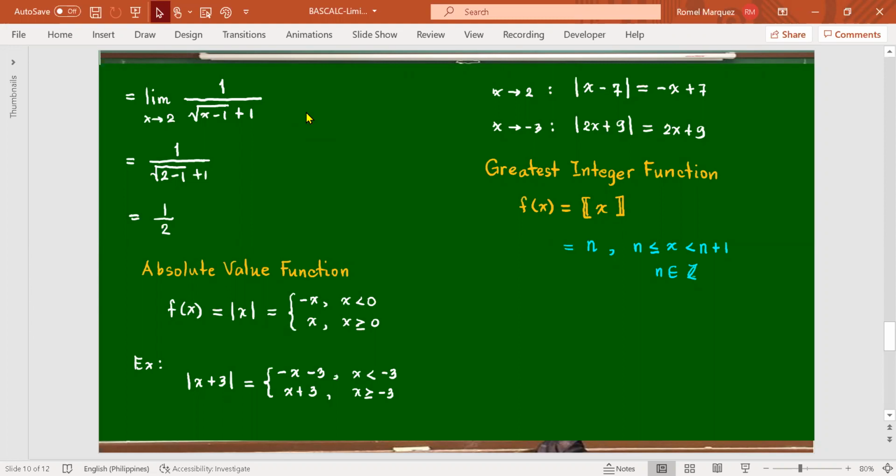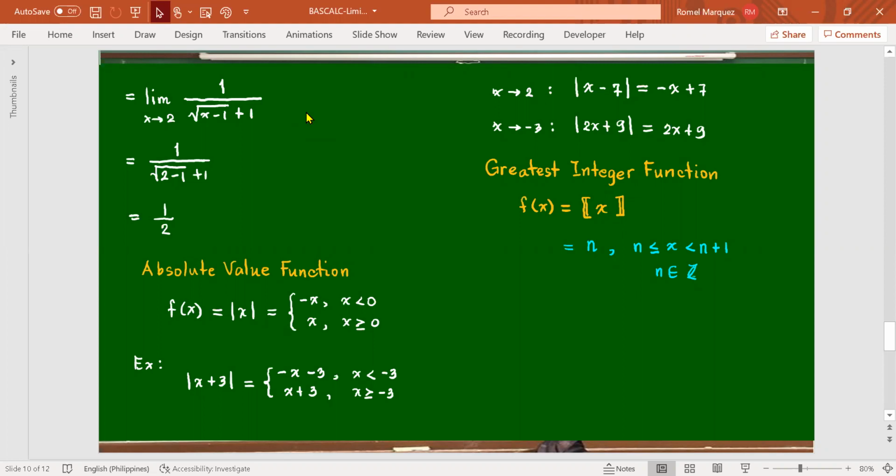So kung ang in-input ko halimbawa sa value ng x ay 2.5, ano yung integer na nasa pagitan ng dalawang integers na magkasunod? 2 and what? 2 and 3.